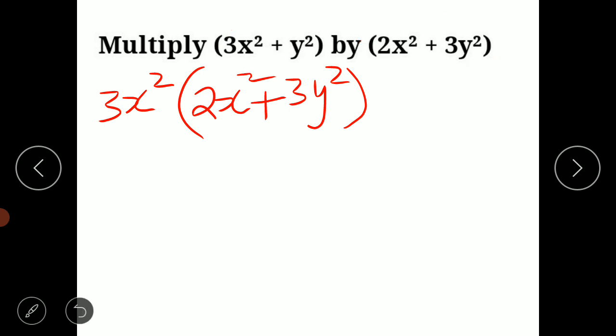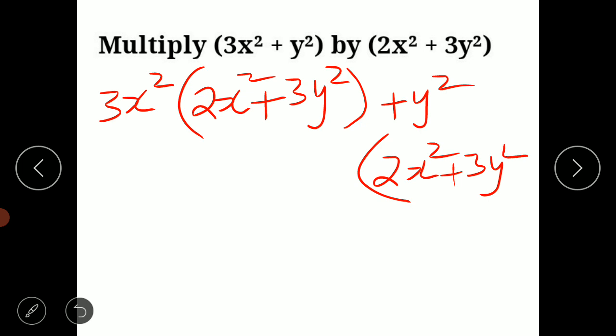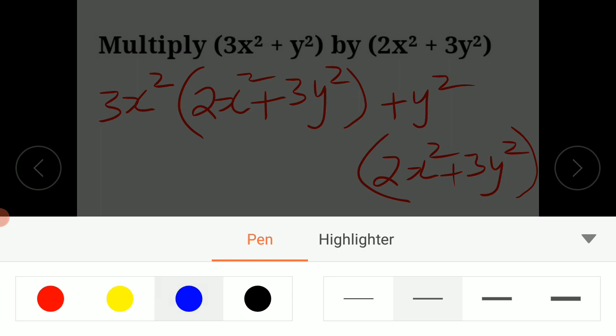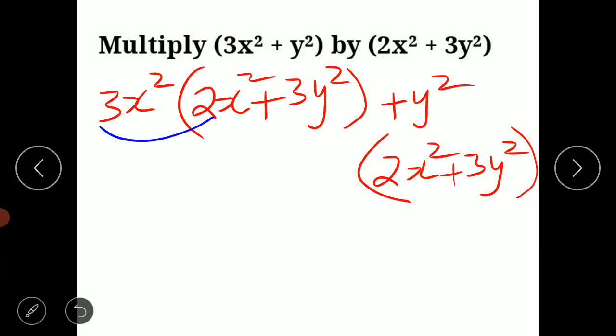Then pick up this plus y square into 2x square plus 3y square. Now once you write this, we need to open the bracket. So now opening the bracket, because here everything is plus, so no need to worry about the sign.